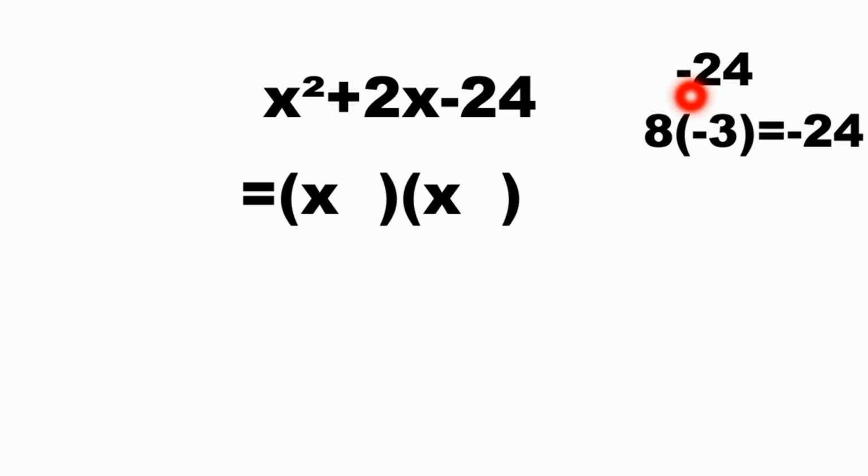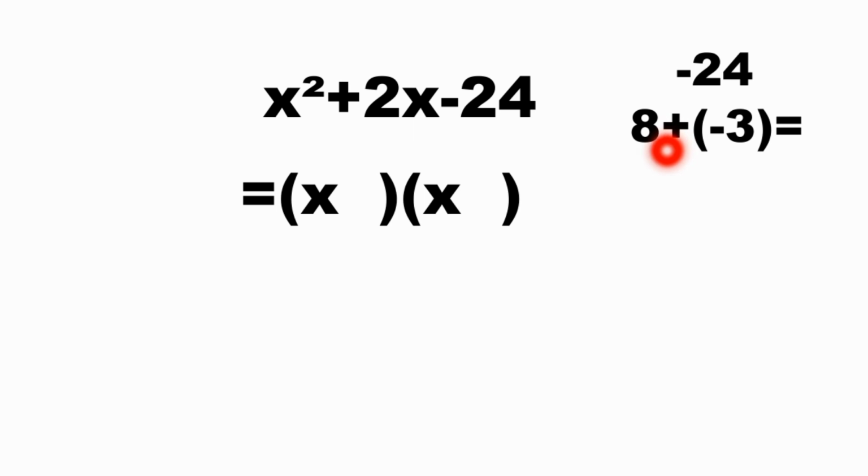One factor pair of negative 24 is 8 times negative 3 is negative 24. But if you add these, we have 8 plus negative 3. This is minus, so 8 minus 3 is equal to 5. So this is not equal to 2.